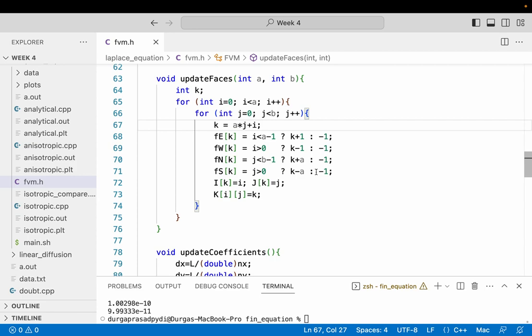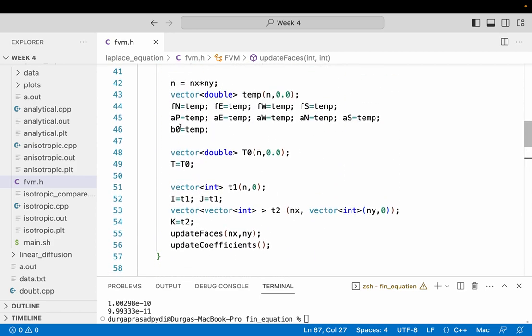In that case I am just assigning a value of -1. Because the indices start from 0 to n minus 1, a value of -1 indicates that the cell is on the boundary, depending on which of the phases is -1. If the east phase value is -1, it means it's on the east boundary. If both east and north are -1, then it is on the northeast corner, and so on.